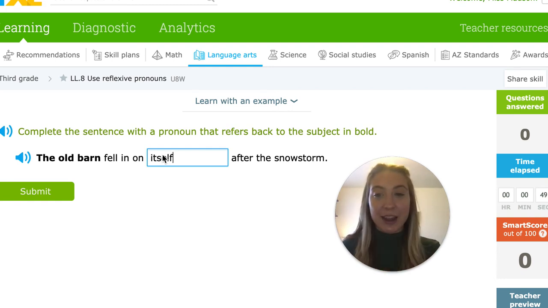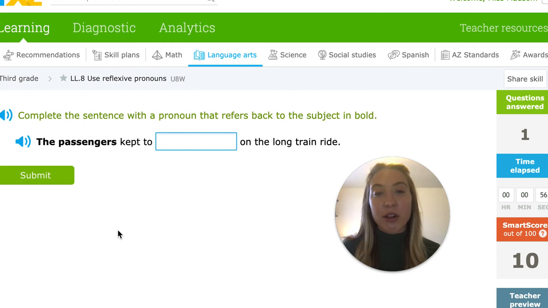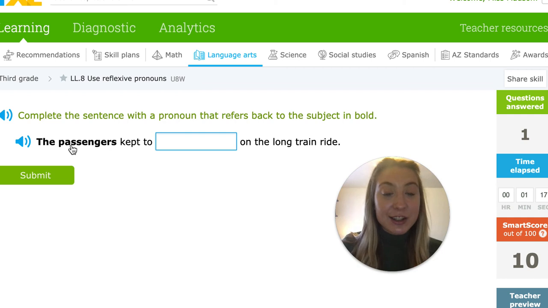Then if I see the passengers kept to blank on the long train ride, I'm looking back at my subject. Remember, if I need to find the subject, I go to my verb and I can answer who or what. So who or what kept on the long train ride? The passengers kept. Is the passengers singular or plural? It's plural. And how do I know that? It ends in an S or an ES.